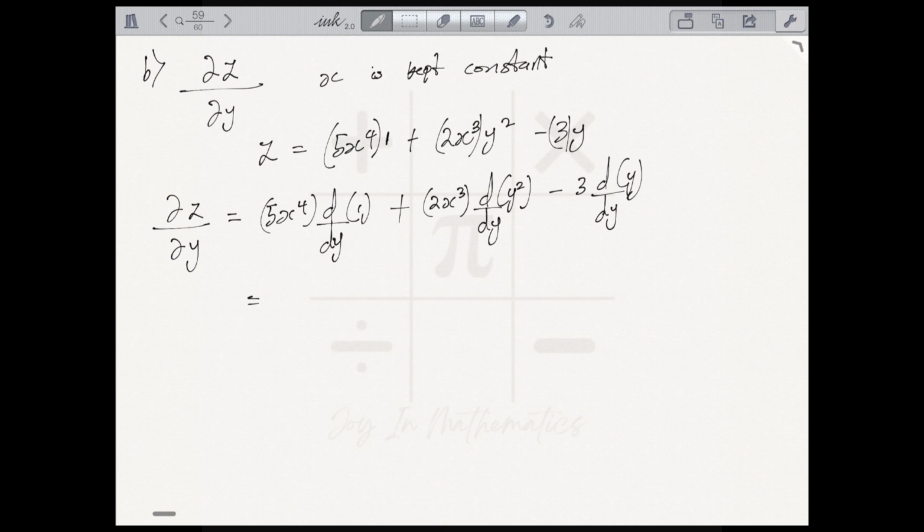So we have 5x raised to power 4, differentiation of the constant is 0, plus 2x raised to power 3, differentiation of y squared with respect to y is 2y, minus 3, differentiation of y is 1. This nullifies to give 0, and we are left with 4x cubed y minus 3.